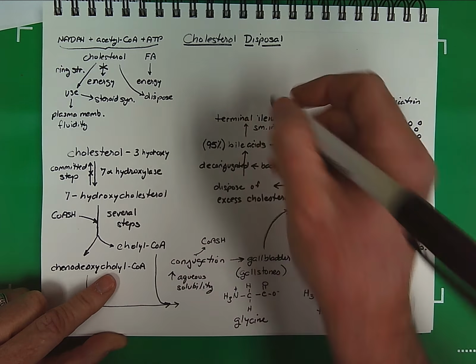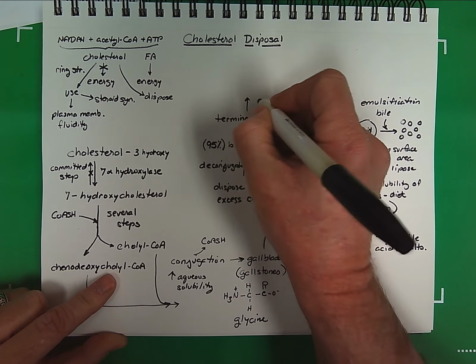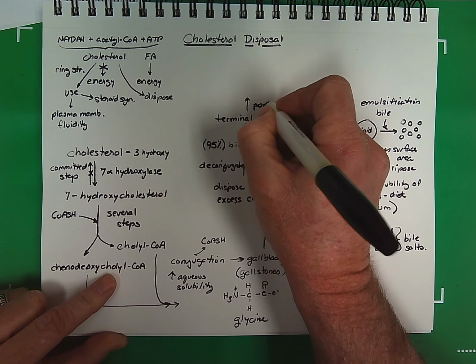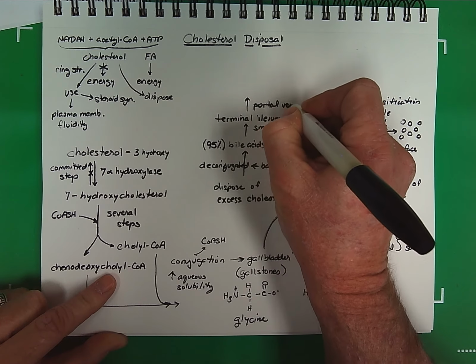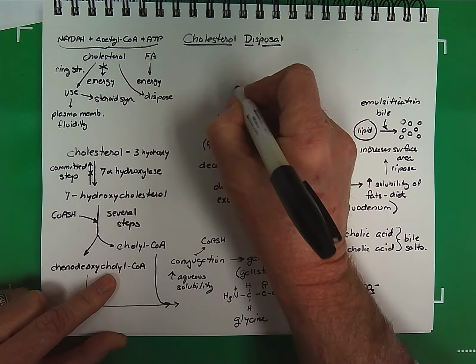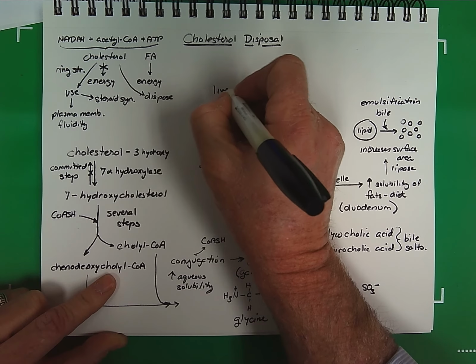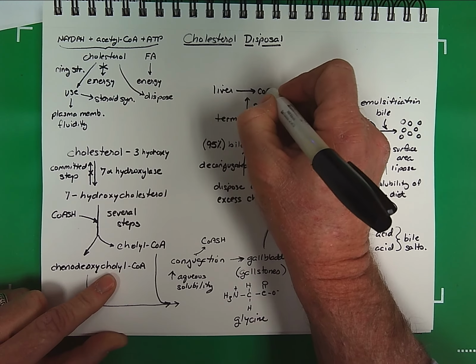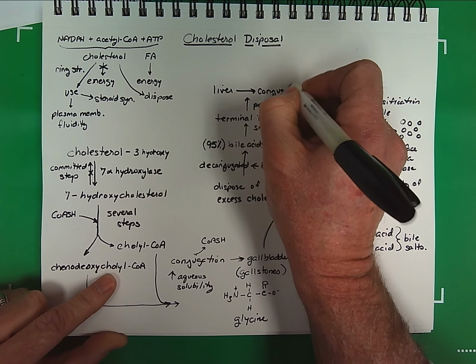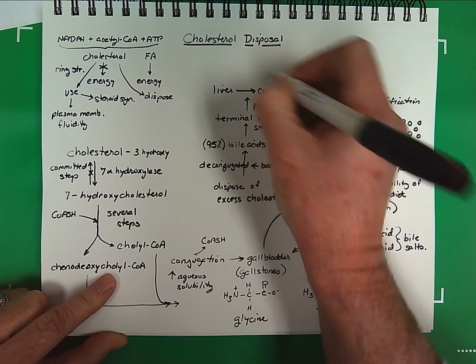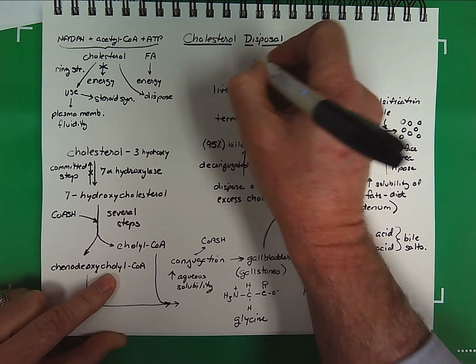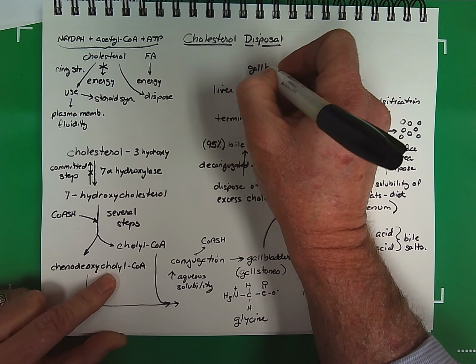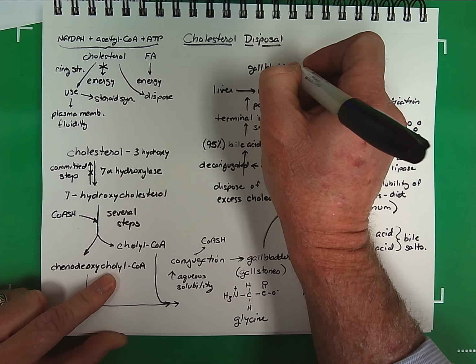Once this is taken up into the body by the hepatic portal circulation, it's returned to the liver. And there, the liver undergoes the conjugation reaction again and sends this into the gallbladder for another round of secretion.